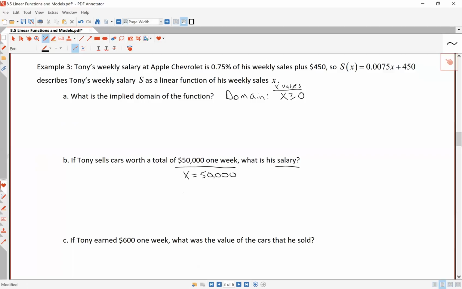His salary is s of 50,000. He's going to get 0.75% of that, and he makes this $450 regardless.